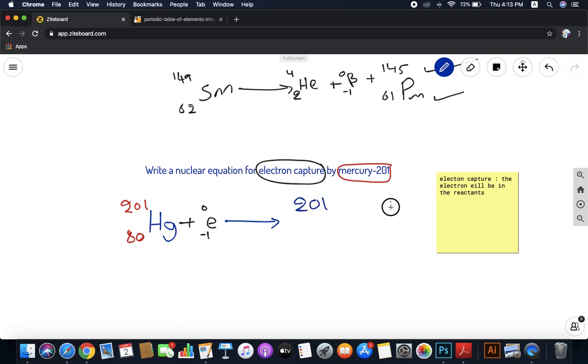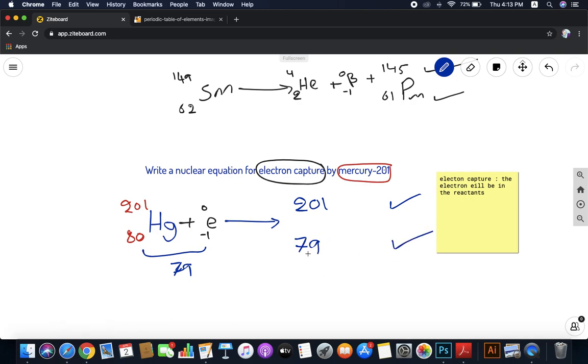So the first one is conserved. The second one is 80 plus minus 1, which is 79. So here it will be 79. So the second one is conserved.